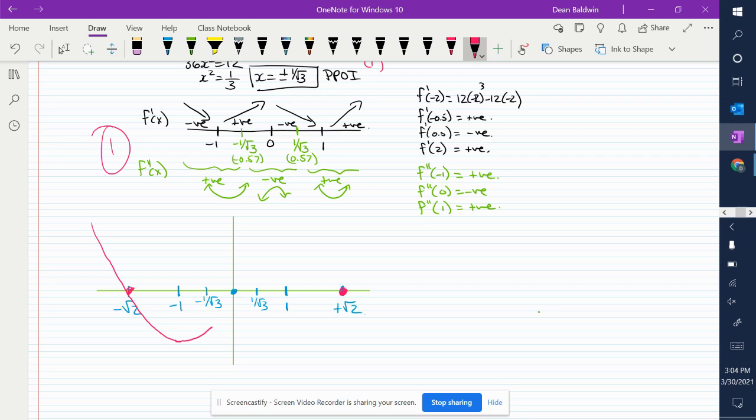What happens to the curvature of the graph? It switches from curving up to curving down, but it's still going up, right? Does that make sense to everybody? It's hard to show it. What I would do right there is I would say POI, point of inflection.